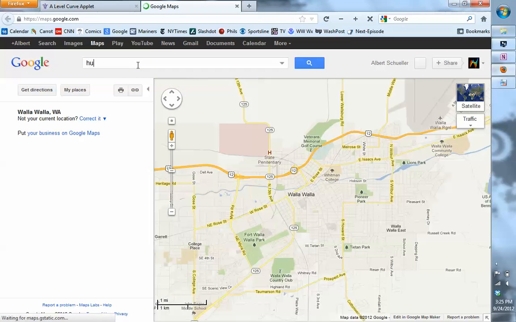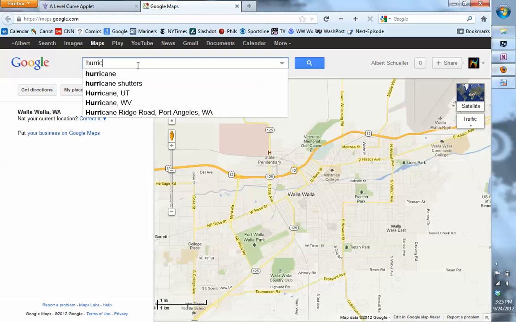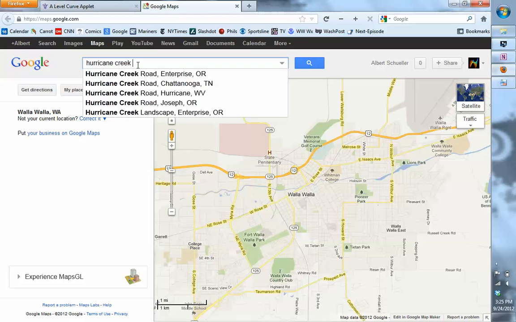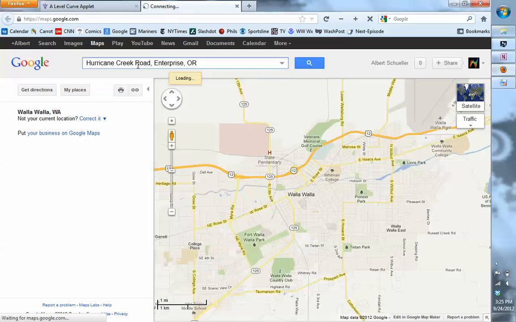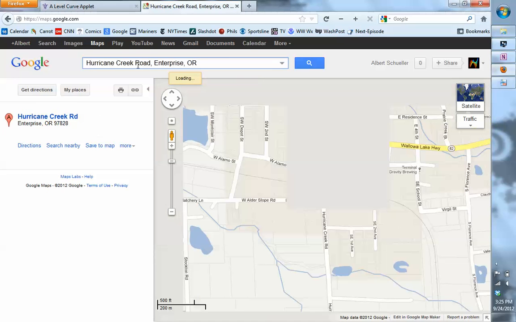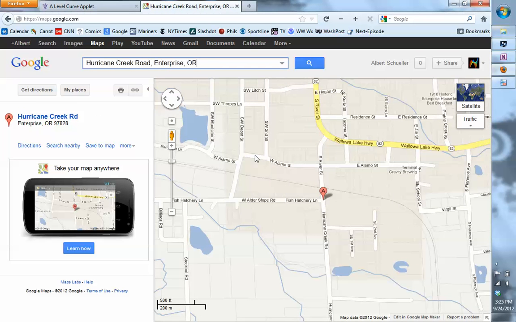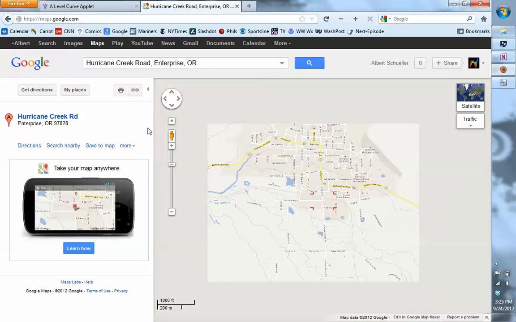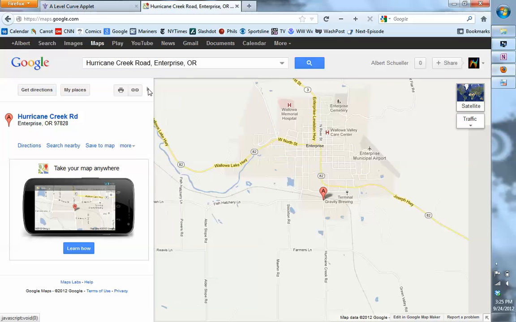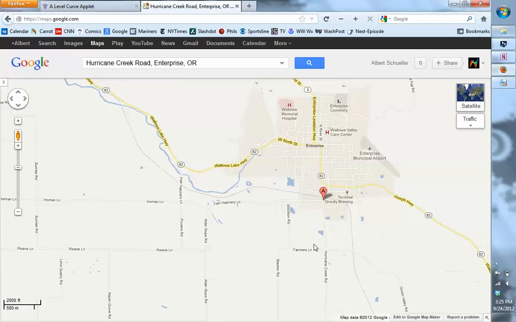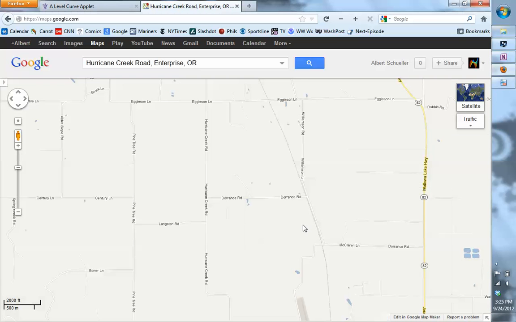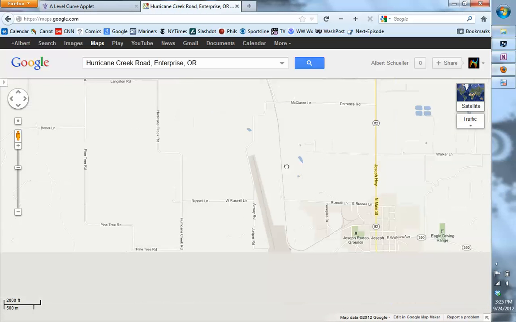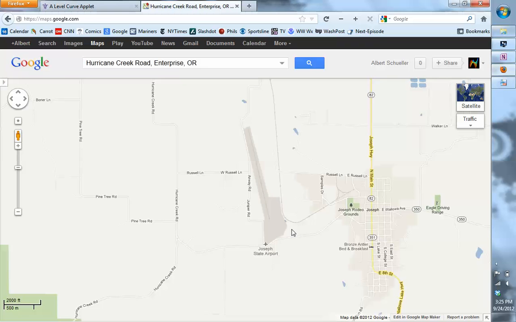In fact, we'll look at one of my favorite ones. Yeah, there we go. Let's zoom out a little bit. I think it's way out here. There we go.